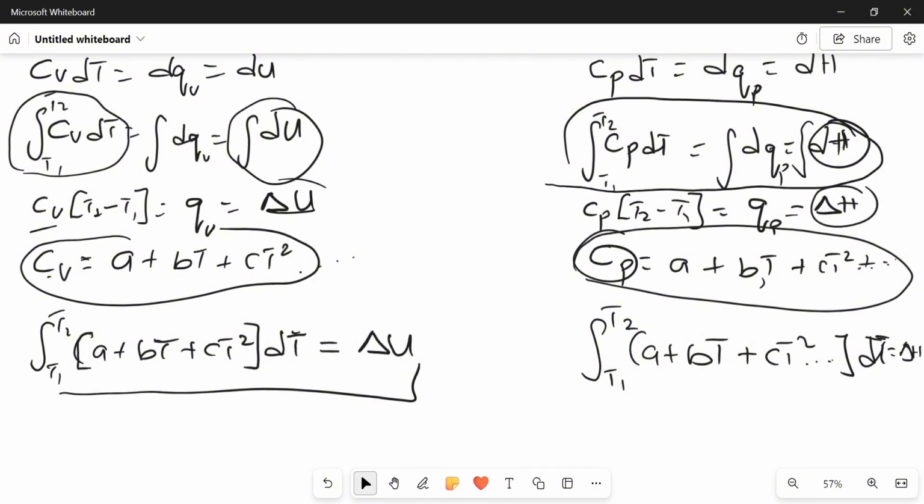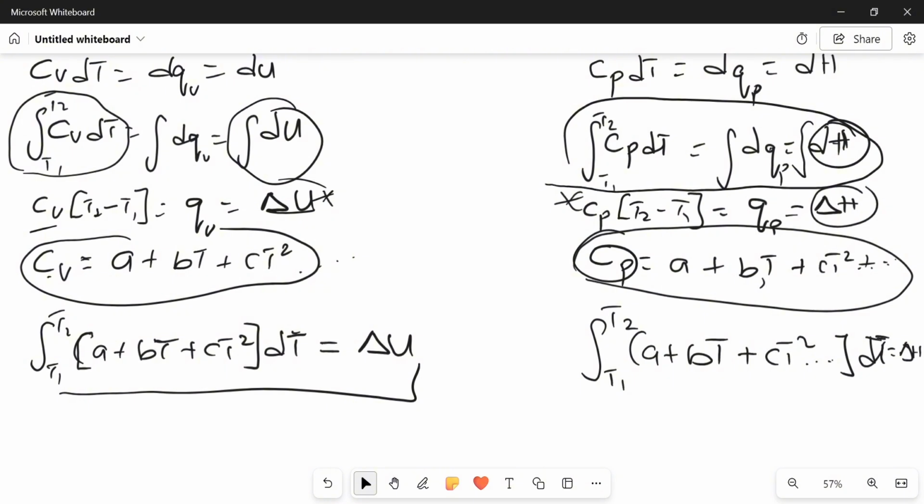And change in H. We can see those relationships there. So if they give us a particular molar heat capacity at constant volume and two temperatures, we can actually use it to get our change in internal energy. And if they give us our molar heat capacity at constant pressure and two temperatures, we can use it to get our change in enthalpy.